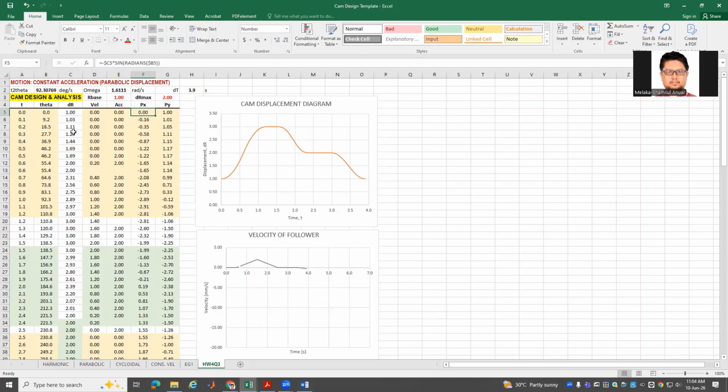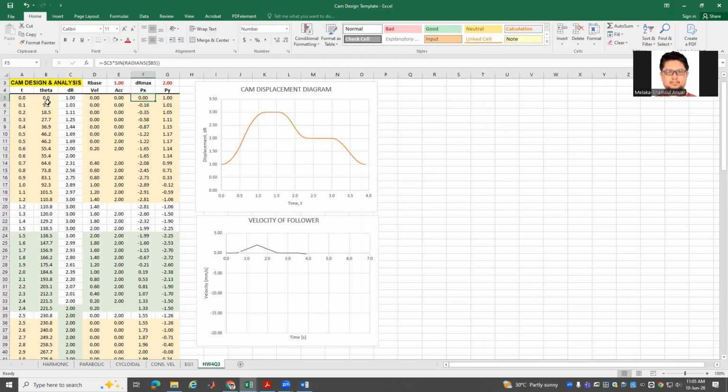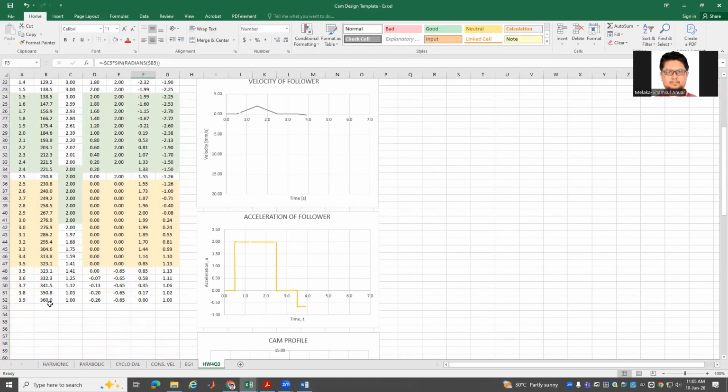So it is crucial that we use the correct DR along the way. As we change the theta, we need to change the DR as well, the corresponding DR. And as you can see, with the correct timing here and the conversion factor between time and theta, we should get the theta going from 0 all the way to 360.